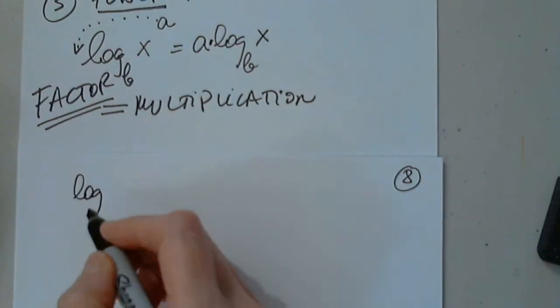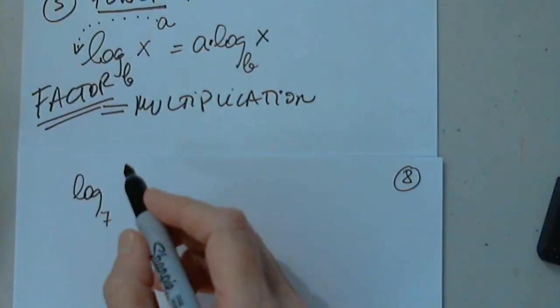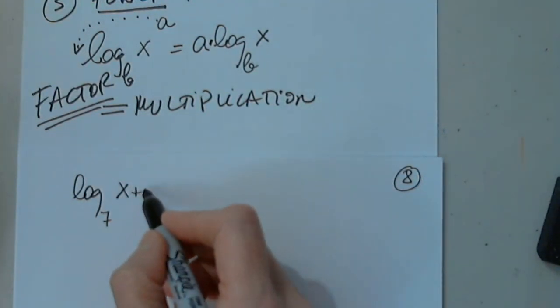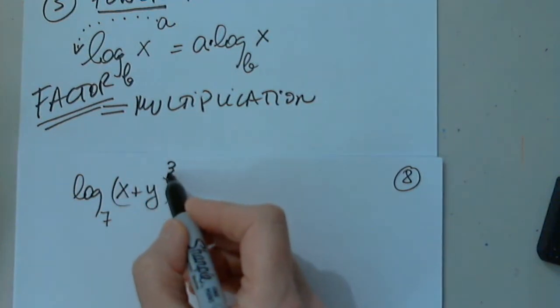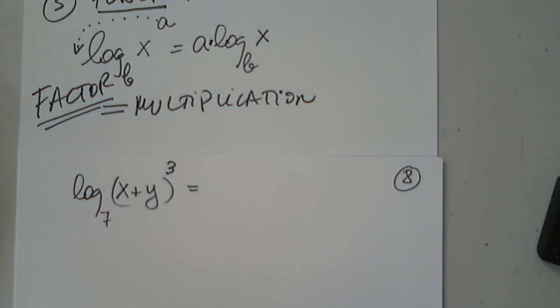So log base 7 of x plus y to the third power. What do you think about this? How will you apply the power rule here? And what should we write?